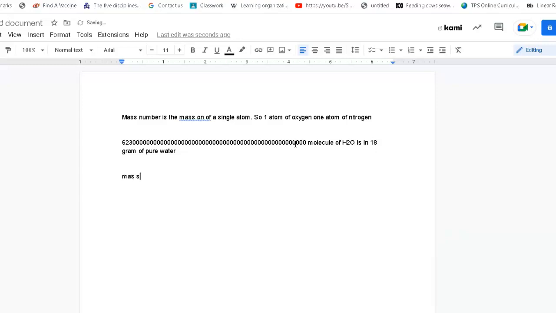Remember, the mass is the amount of protons and neutrons, but we need to look at the general trend of sample sets of a substance.